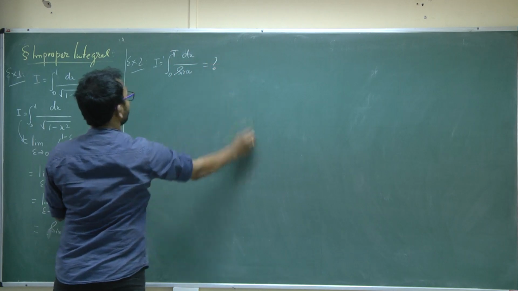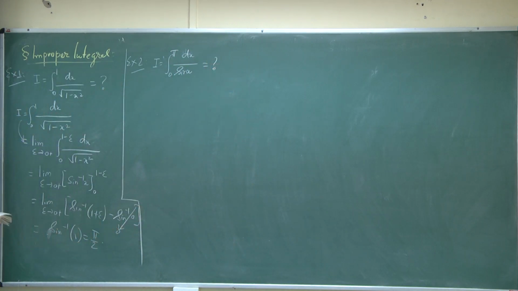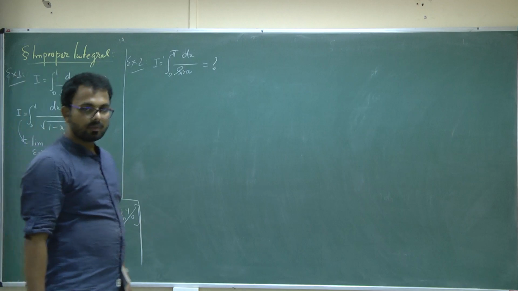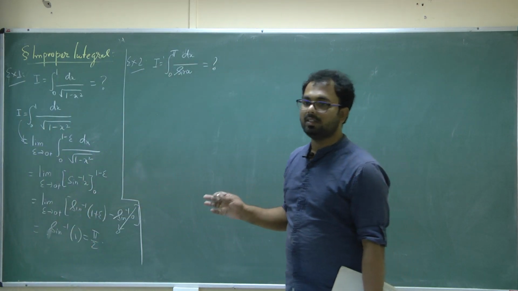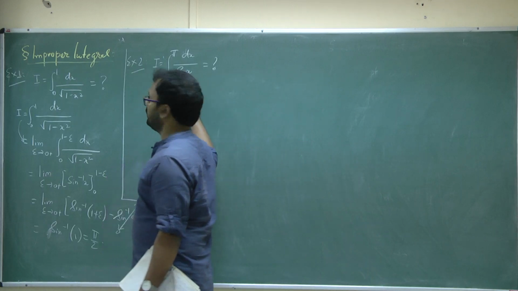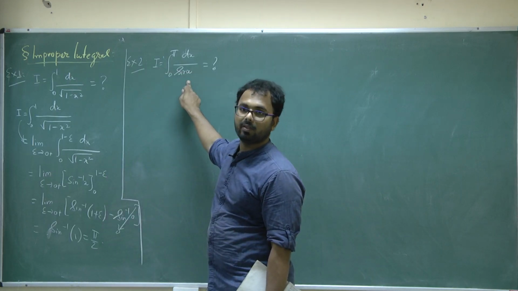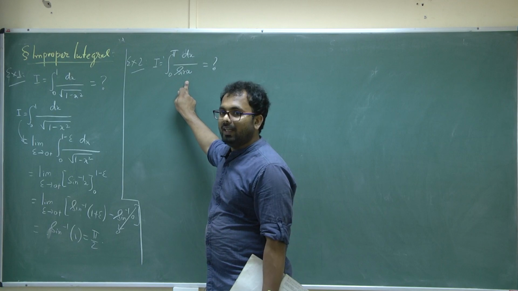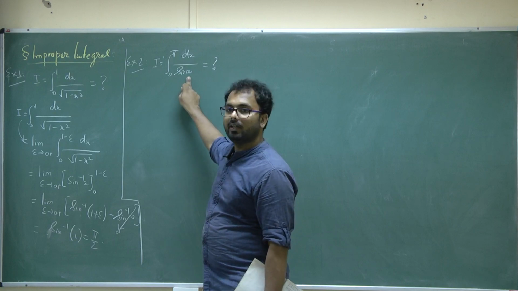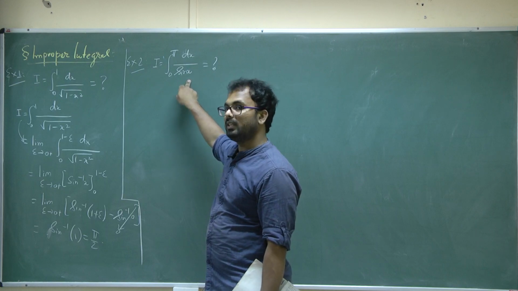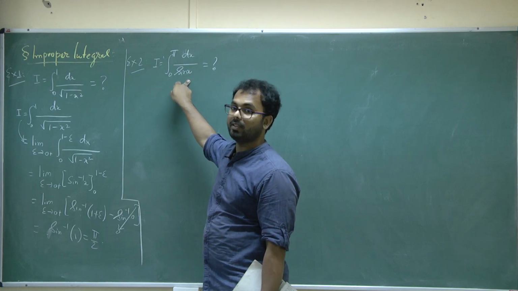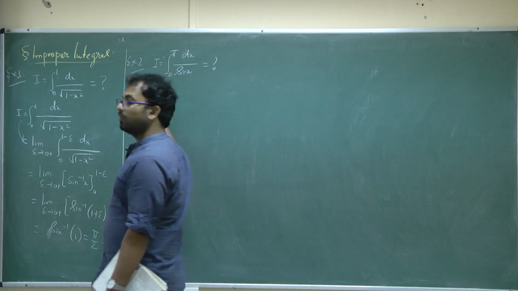What will be the value, or whether the integral is convergent or not? So here we can see that we have in the denominator sine of x, and sine of x is obviously 0 at x equals to 0 and at x equals to pi. So it basically means that we have infinite discontinuity, because our given function is 1 by sine x. So we have infinite discontinuity at x equals to 0 and x equals to pi. It's always better to write that.